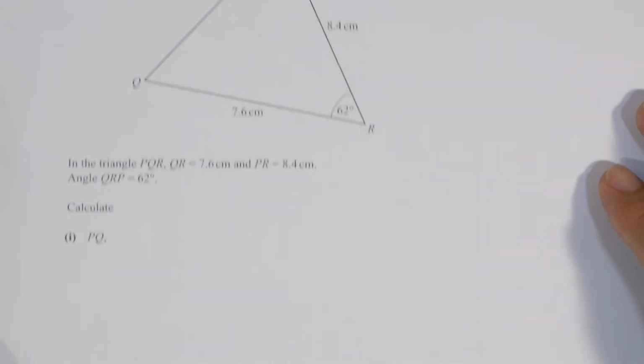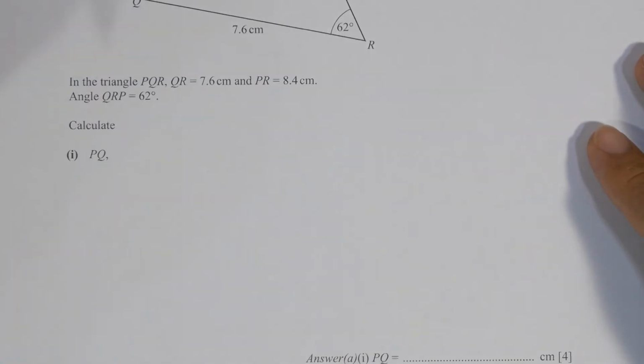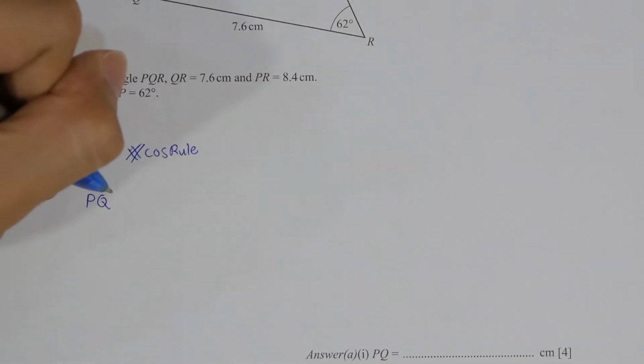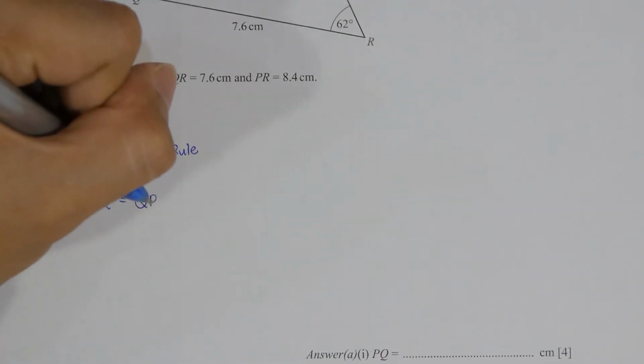Question 7a. So this one is actually the cosine rule. Simply substitute it into the formula I've written down. Then you'll be able to get the answer.